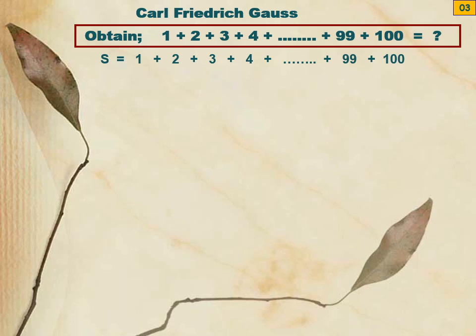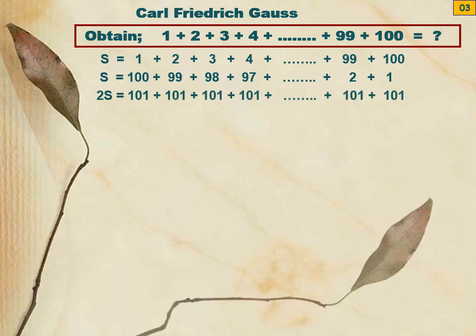He wrote S, to be calculated, 1 plus 2 plus 3 up to plus 100. Then he wrote the numbers in reverse order, 100, 99, 98 and 1 below 100. And he added these two equations. So 2S equals all 101, 101, 101.